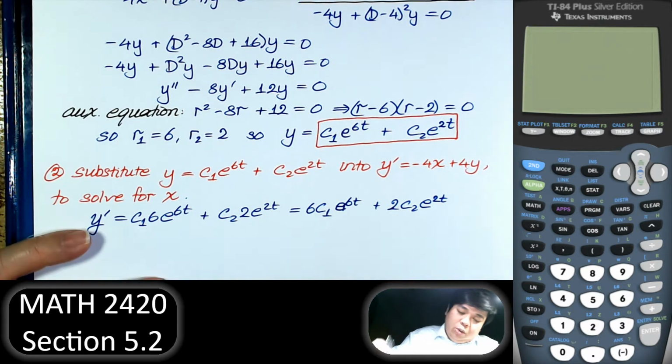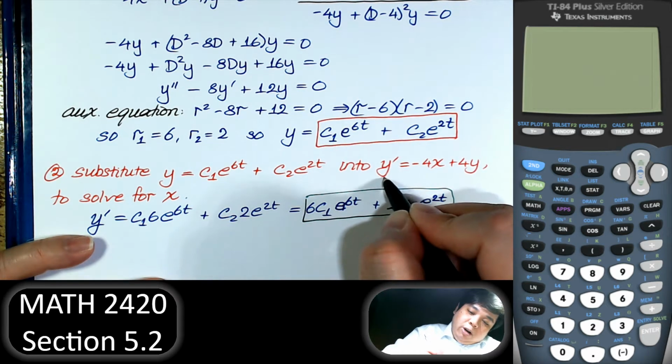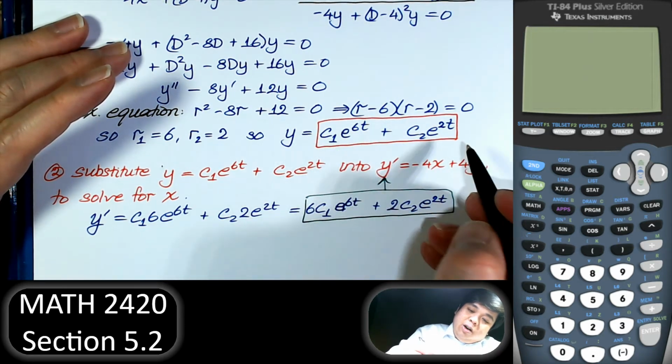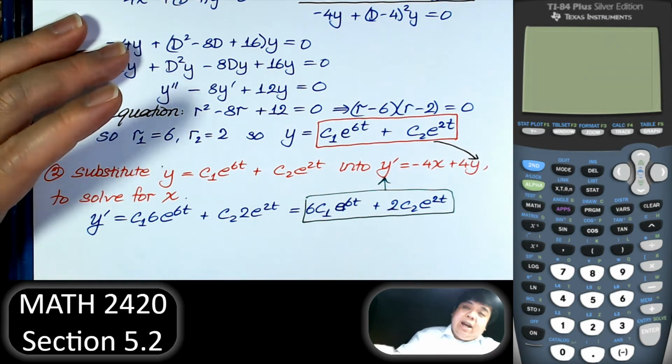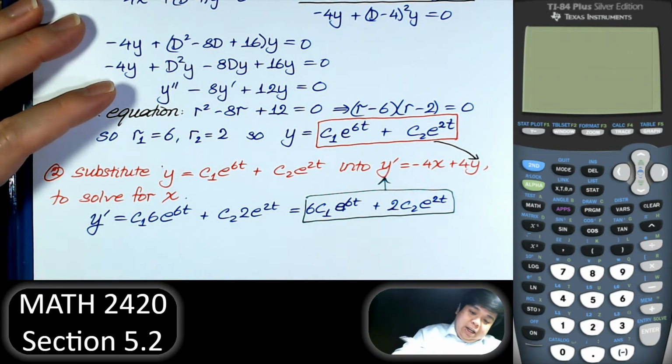Right. So this is the second derivative. This is the derivative. We go right here, and this is the function. We go there. Right. So substitute in that.